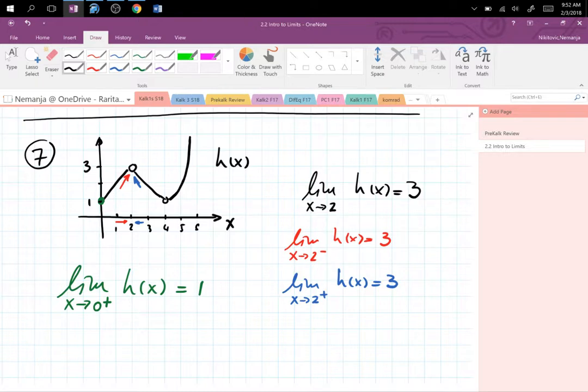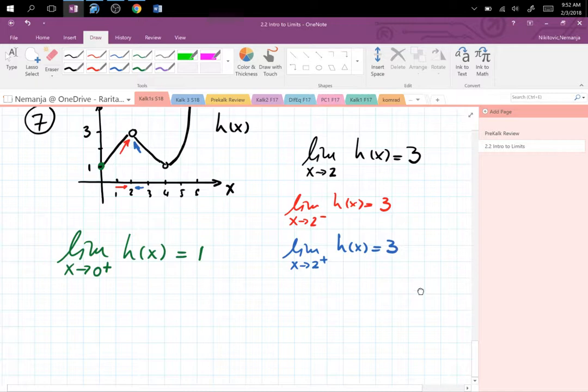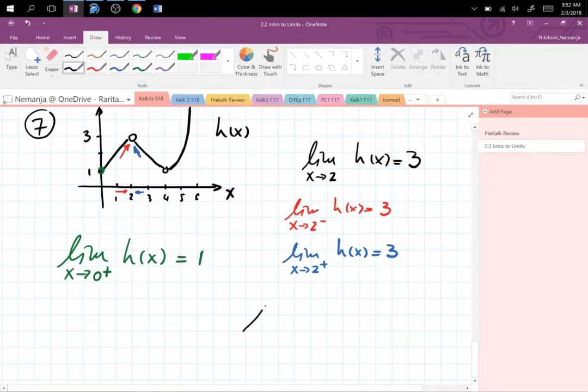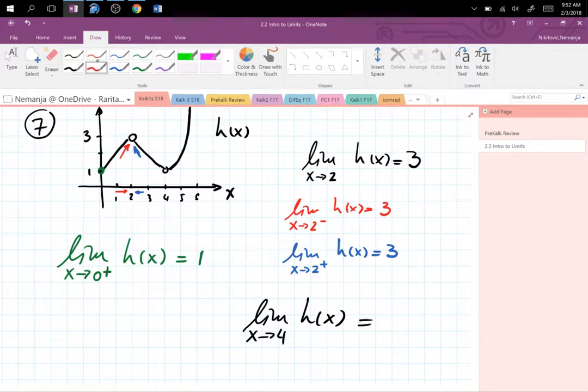Same thing is going to happen at 4. What is the limit of h of x as x approaches 4? Right, what is it? Well, again, approach red, and that limit as x approaches 4 minus is what? 1.